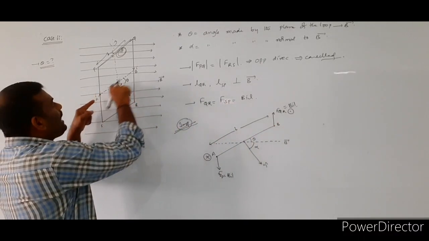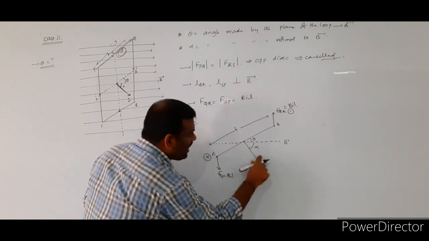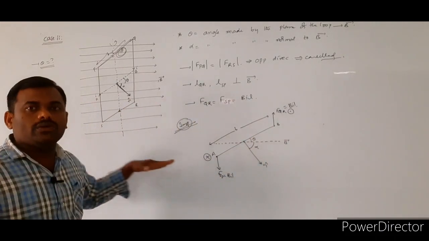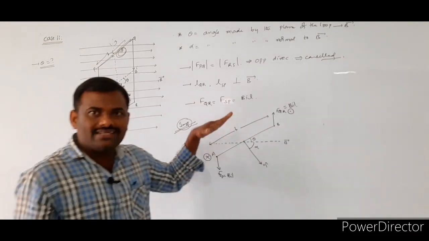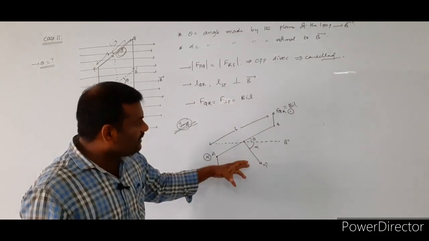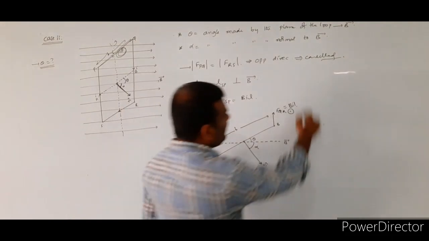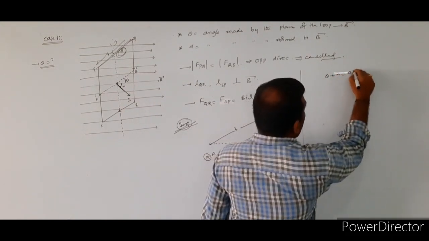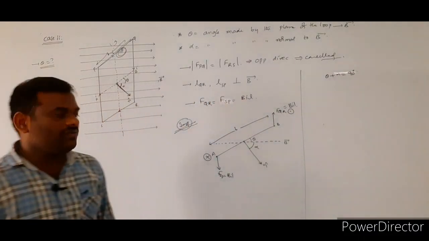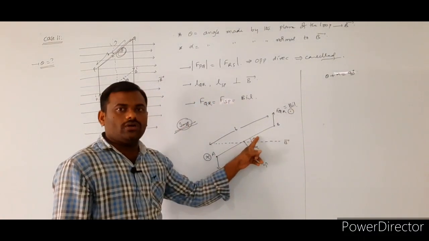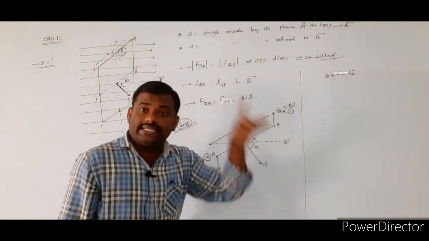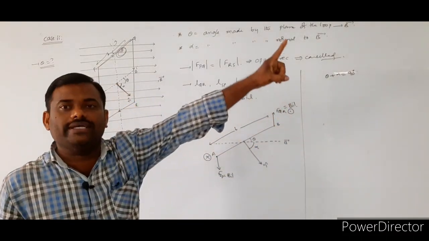From this diagram we will write theta plus alpha is equal to 90 degrees, because the normal is perpendicular to the side AB.